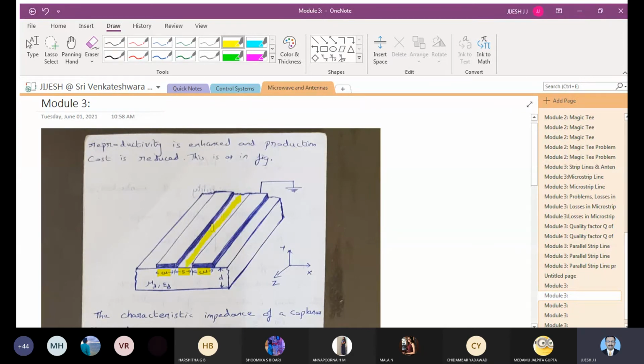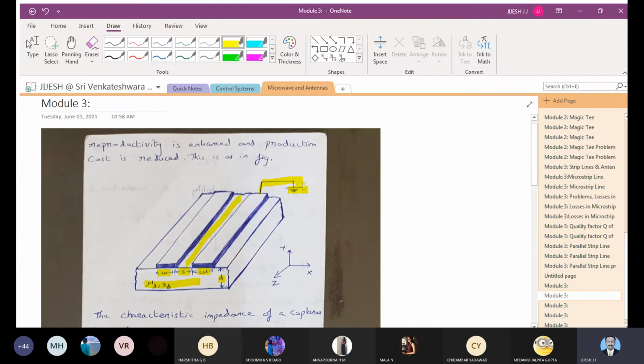These 2 strips are placed on the dielectric substrate, and the thickness of the dielectric substrate is D. Here the width of the strip is W, and as usual the thickness is T. The only difference you can see is that one of the strips will be grounded here.